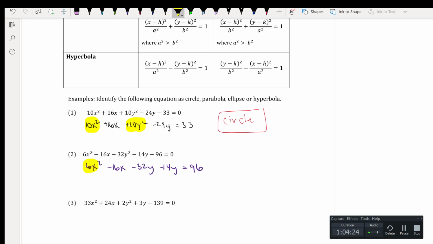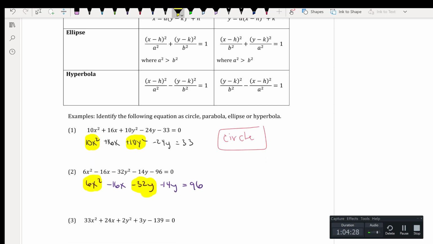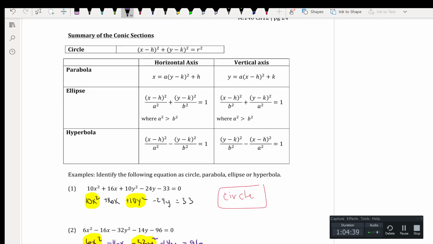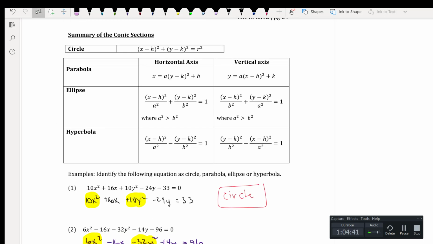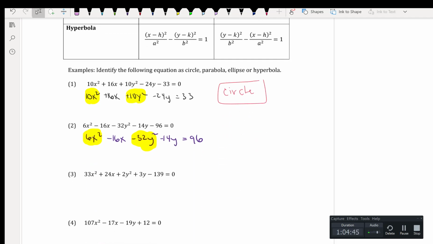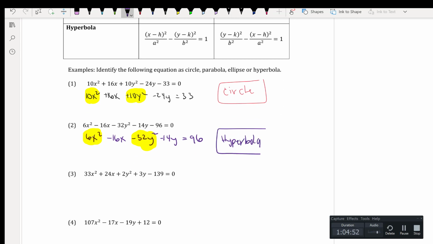So I'm looking at this, I have a 6x squared and I have a negative 32y squared, of course. So looking at that y squared term, the fact that it's negative, the only one where it has a negative in front of the y squared is going to be a hyperbola. So I already know because it's negative, it's going to be a hyperbola.